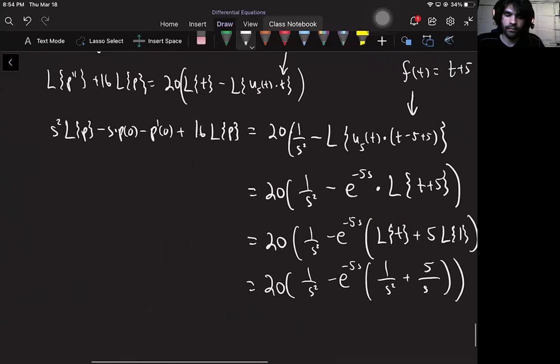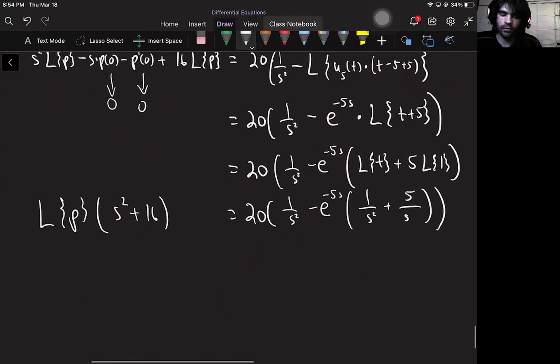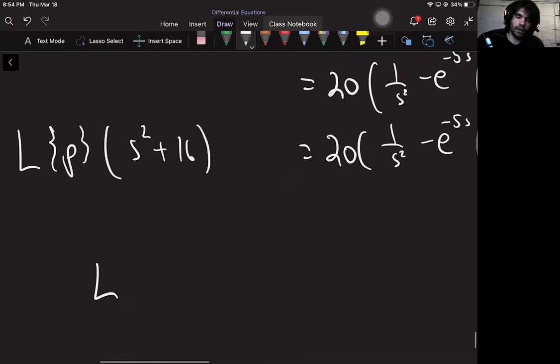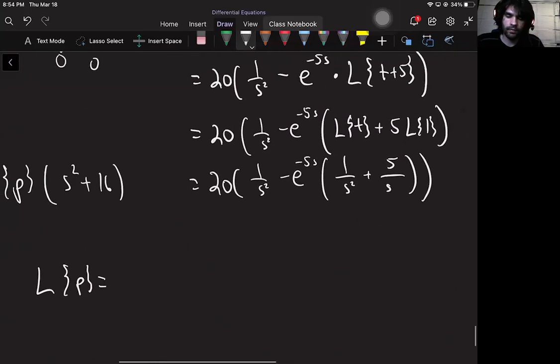The left side, luckily these initial conditions tell us these are both just 0. Saves us a lot of time. I can just factor out this s squared plus 16 from the Laplace transform of the function I'm looking for. Then I can solve for the Laplace transform of the function that I'm looking for by dividing that over. I'm going to divide it over in a very sneaky way.